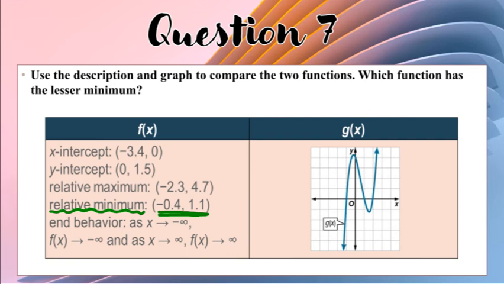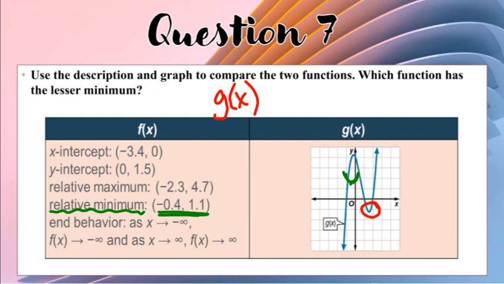So if I were to come over to this graph and I could label that one here, so negative 0.4 up to 1.1, that would be roughly right here. They're saying this one goes down about here. We can see that in g of x, the blue line, we have it all the way down here. So g of x would actually have a lesser minimum.